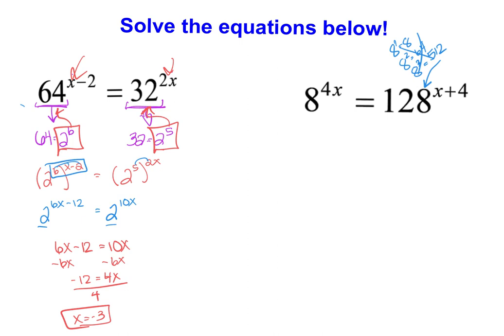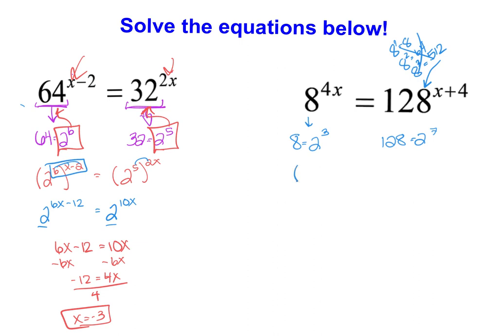When I start looking, I notice that they both have 2 in common. 8 can be rewritten as 2 to the power of 3, and 128 can be rewritten as 2 to the power of 7. Because of that, I can rewrite these as having bases of 2 as well.